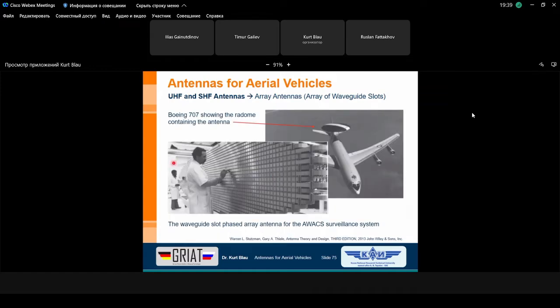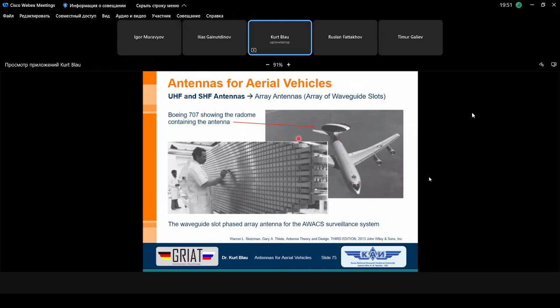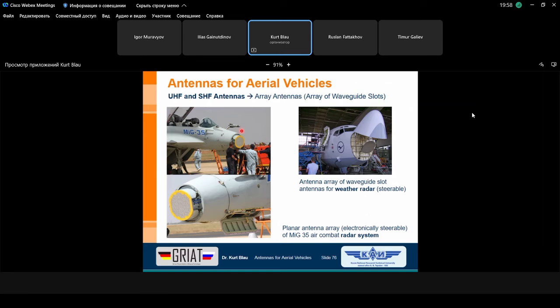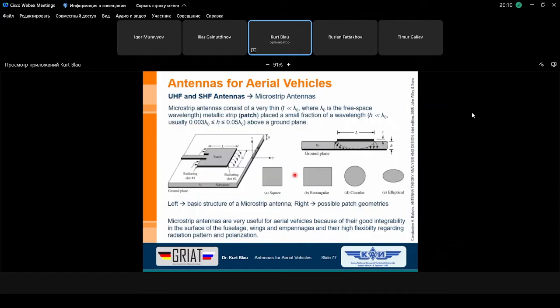Also, for instance, in this Boeing reconnaissance aircraft, you can see it here in this radome. It's very large. And also we can find smaller arrays in the Mikoyan Gurevich 35 and also in this civilian aircraft as a weather radar.